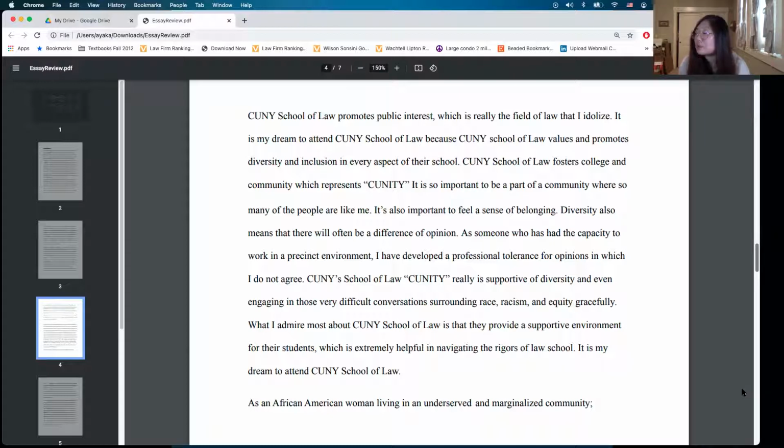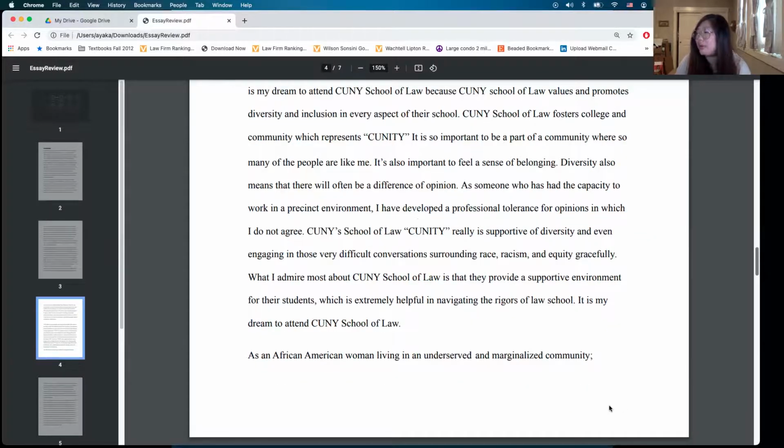What I admire most about CUNY School of Law is that they provide a supportive environment for their students, which is extremely helpful in navigating the rigors of law school. It is my dream to attend CUNY School of Law.